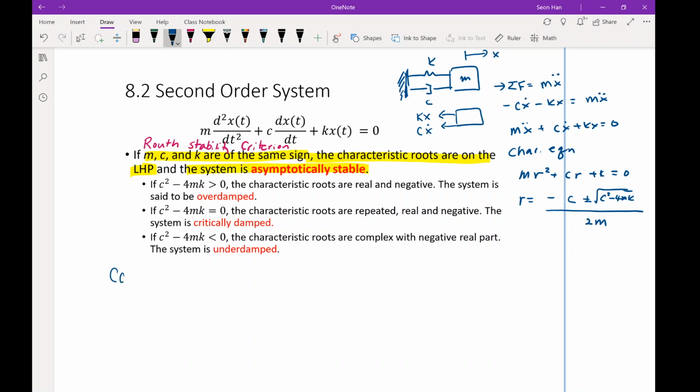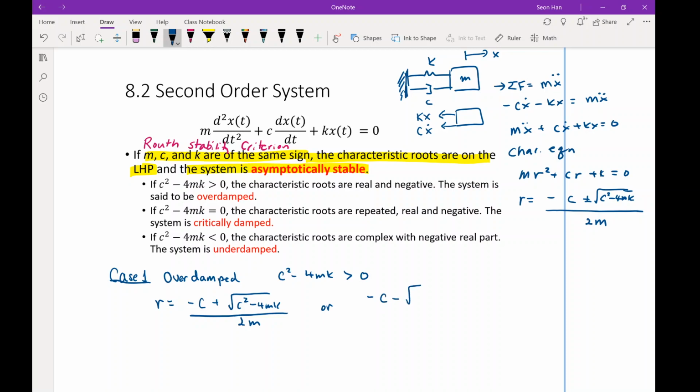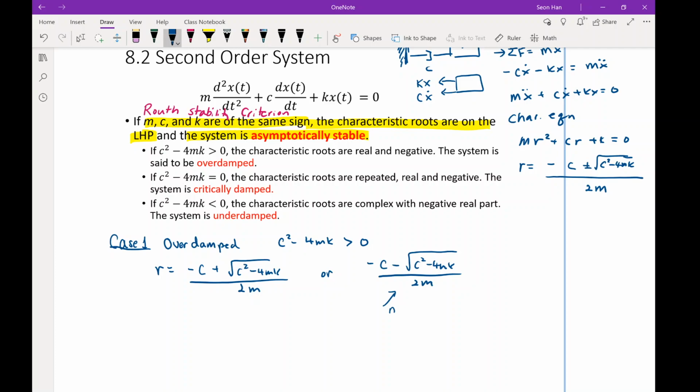Case number one is the overdamped case. This is when c squared minus 4mk is greater than 0. Then r is minus c plus square root of c squared minus 4mk, divided by 2m, or another root, minus c minus square root of c squared minus 4mk, divided by 2m. Since c squared minus 4mk is positive, its square root is a real number, and this root is negative.